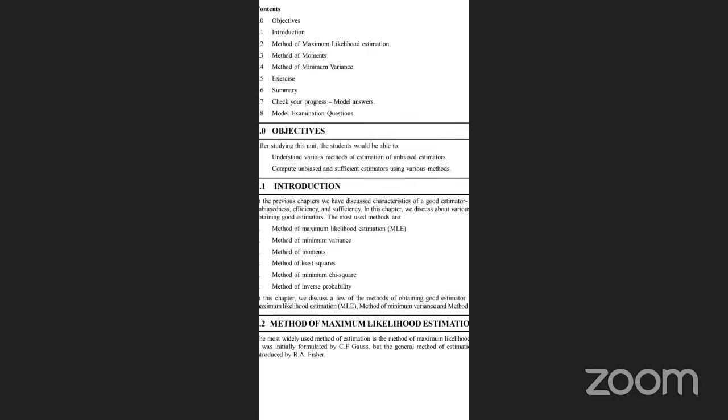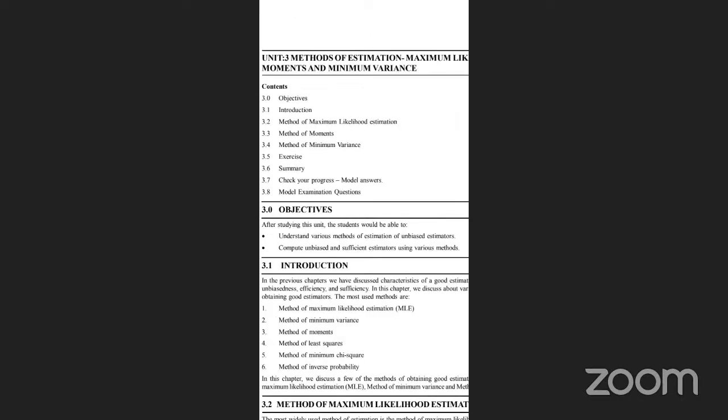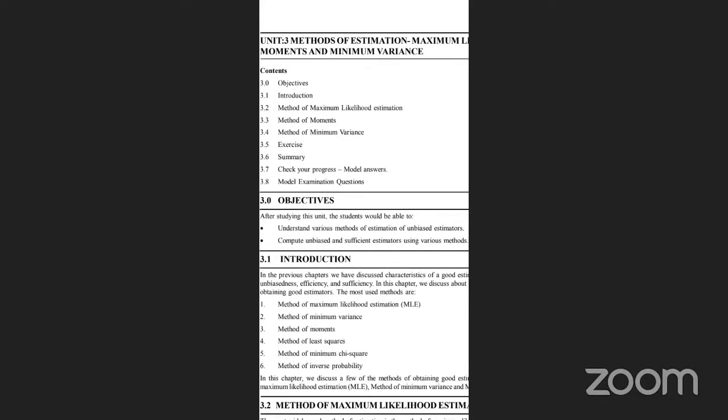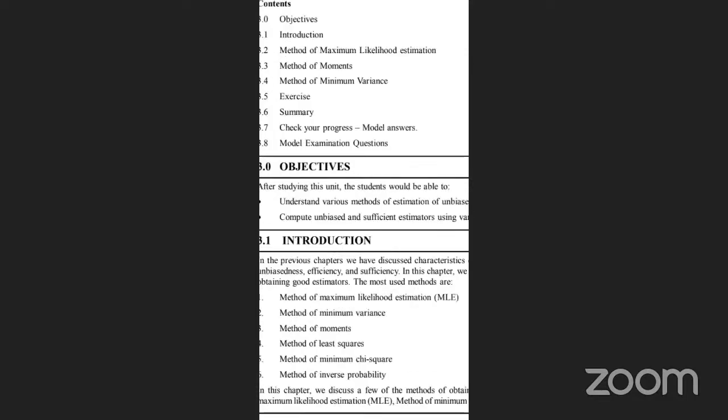So the methods of estimation: maximum likelihood, minimum variance, and moments are what we are taking here. In the MSc course, we cover the method of maximum likelihood estimation, method of minimum variance, method of moments, method of least squares, method of minimum chi-square, and method of inverse probability.